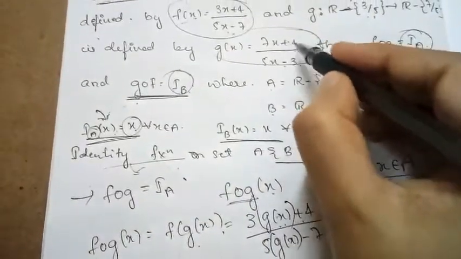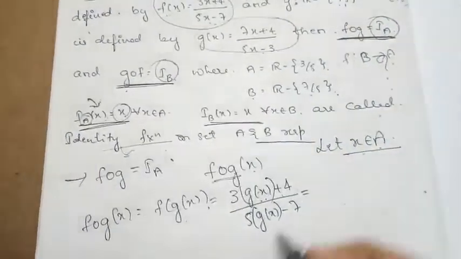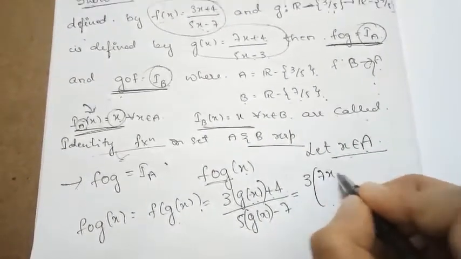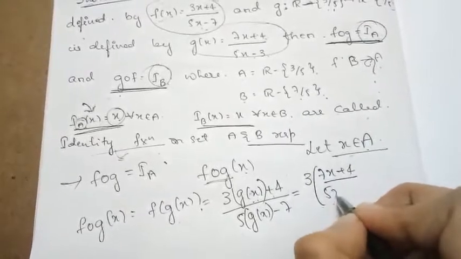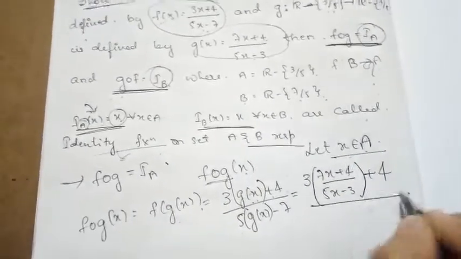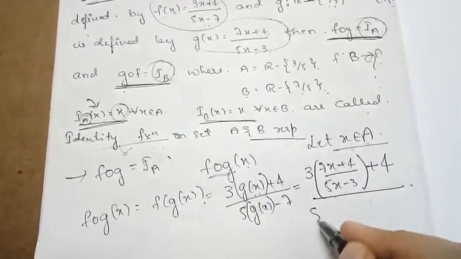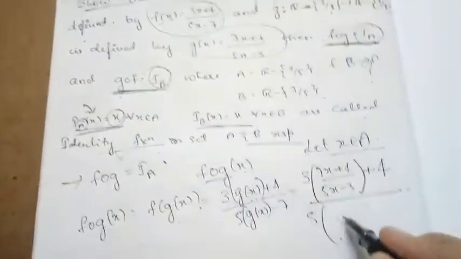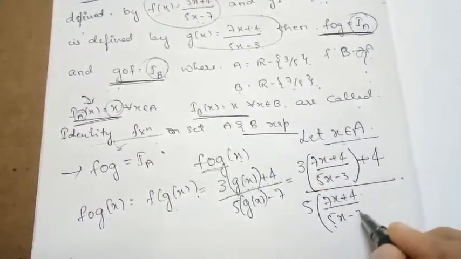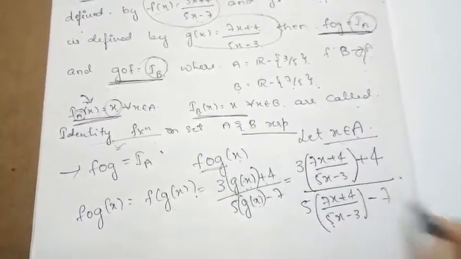It is 7x plus 4 divided by 5x minus 3. So input that value: 3 of 7x plus 4 divided by 5x minus 3, plus 4. Be careful while solving these types of questions. 5 of g of x, again 7x plus 4 divided by 5x minus 3, minus 7.